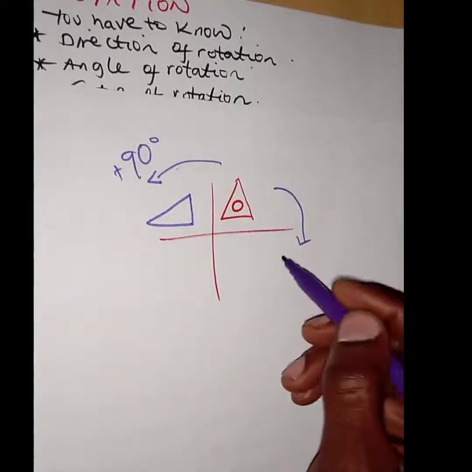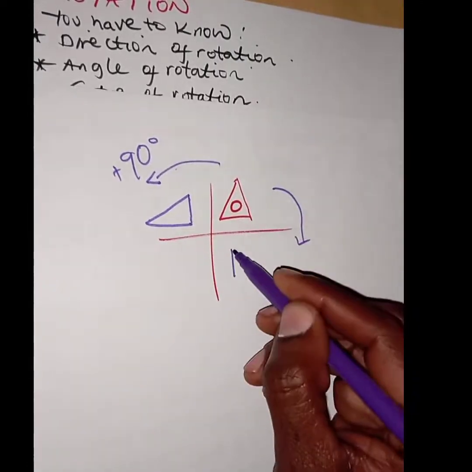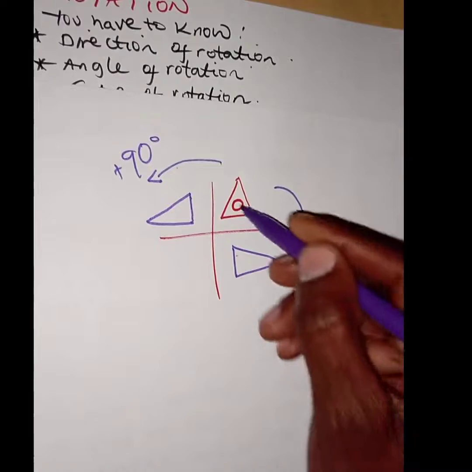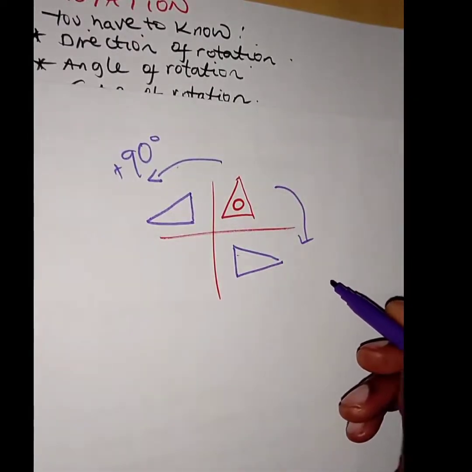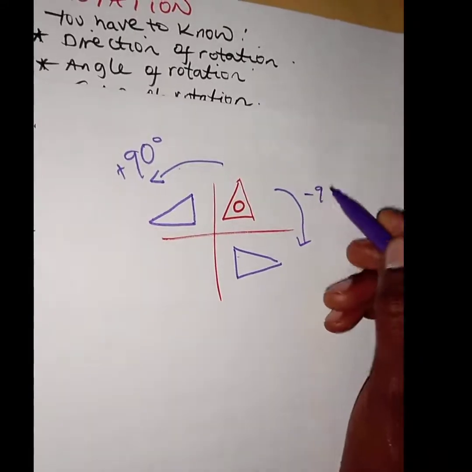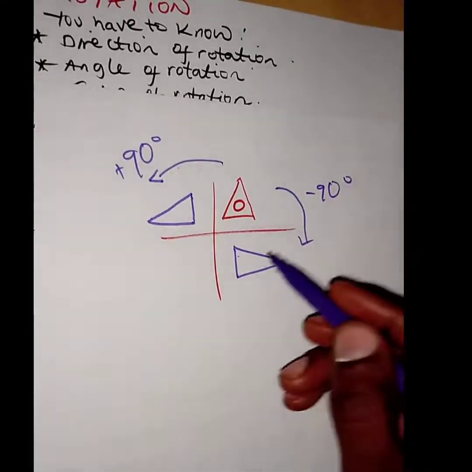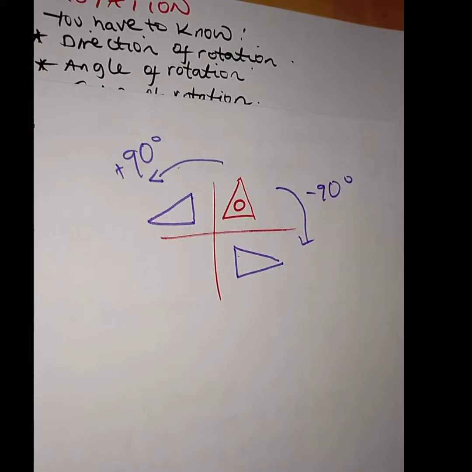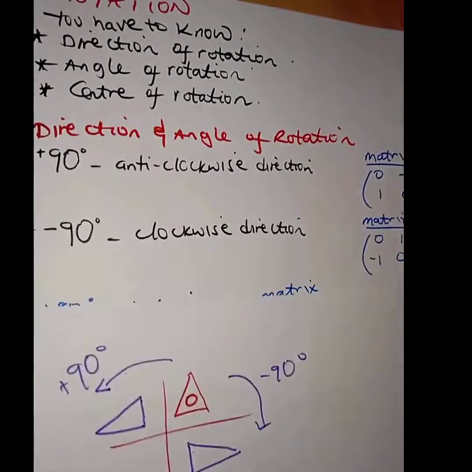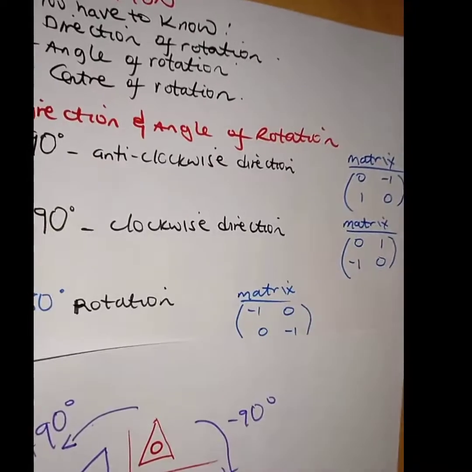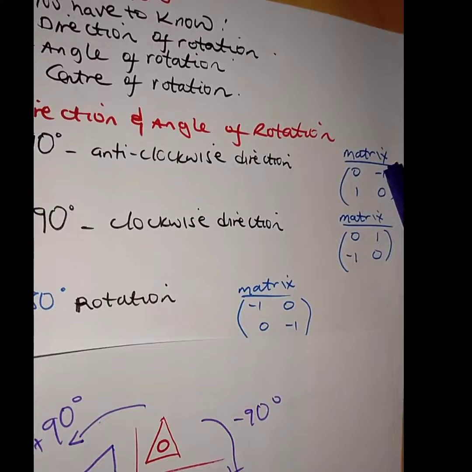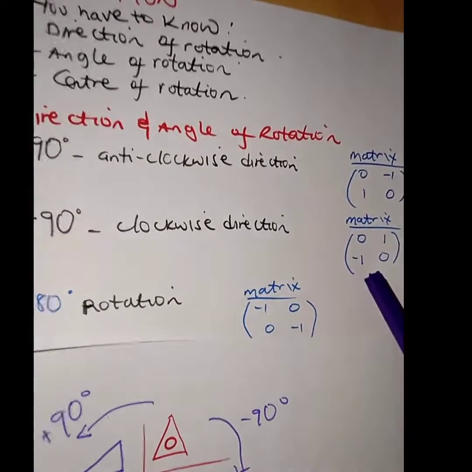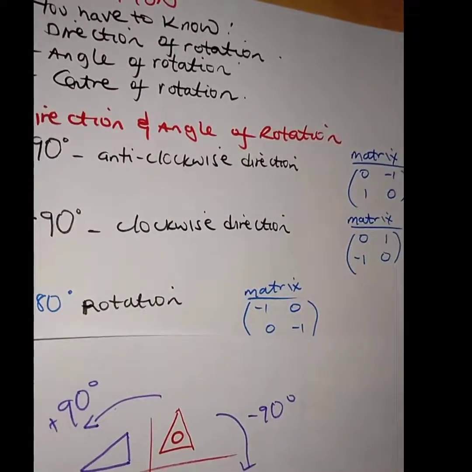So this object will be like this. You see, it was like this. If it rotates in a clockwise direction, we say it is -90 degrees. So this is the image. So it has moved 90 degrees in a clockwise direction. The matrix for this one is 0, 1, -1, 0. Have you seen the difference? The negative is now moved to the number down there.